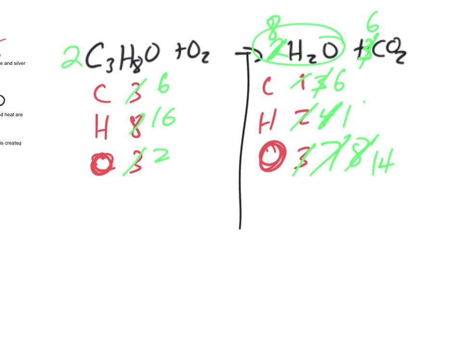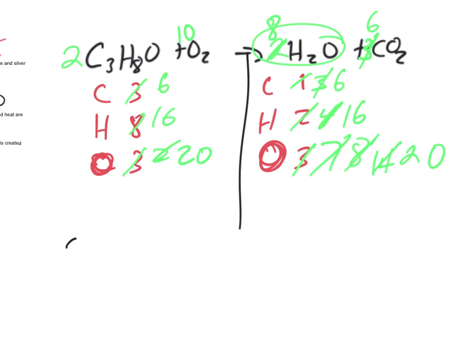So now I've got 16 hydrogen, but I have 8 plus 12 oxygen, which is now 20 oxygen. So carbon is balanced, hydrogen is balanced, oxygen is 2 and 20, which makes it really easy. I'm going to put a 10 out front and turn this into a 20.